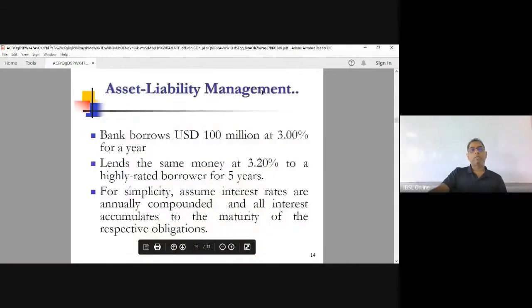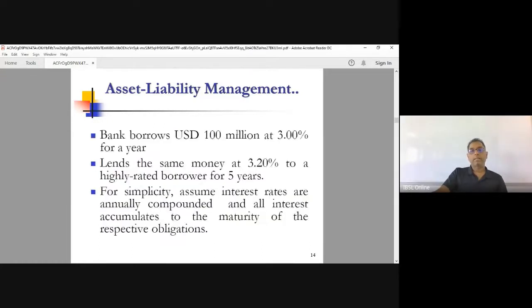I'll move on to an example, and then we can understand it further if there's no other question. Okay, so next slide number 14. It shows you basically what we've been discussing all this time. A bank borrows $100 million at 3% for 1 year, lends the money at 3.2% to, say, forget the rating, for 5 years, so 3.2% per annum and 3% per annum.